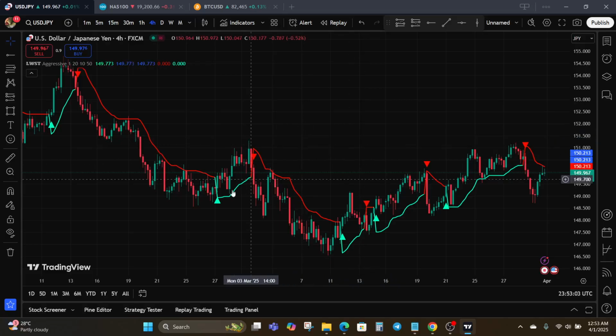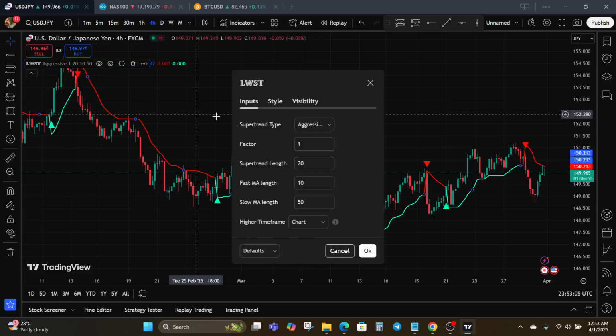Now let's quickly talk about the settings of the indicator before we jump into buy and sell setups. This indicator, the liquidity weighted super trend, can be customized based on your trading style.